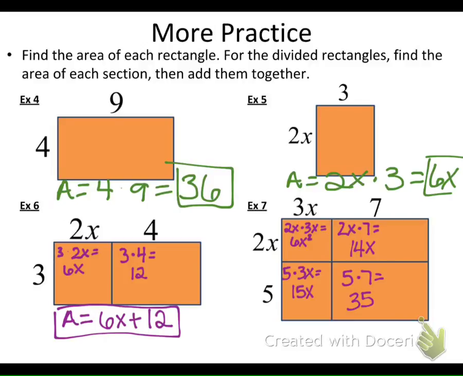Okay, so now to write my area, I'm going to put that A equals. Let's look at all of the numbers that I have for my answers. So I have 6x squared plus 15x plus 14x, plus 35. Do you guys see any like terms that I could combine here? 15 and 14. Very good.